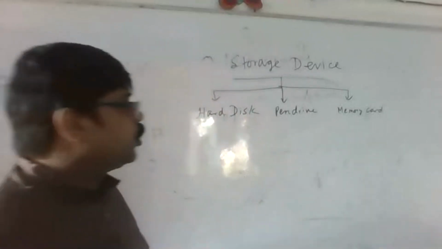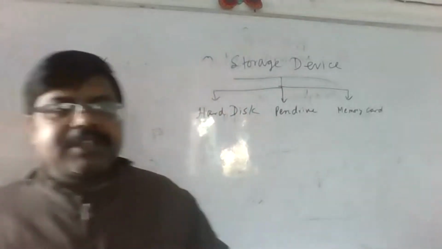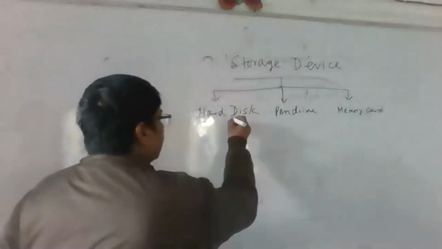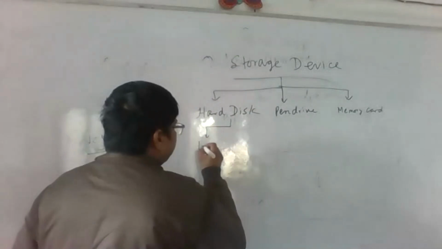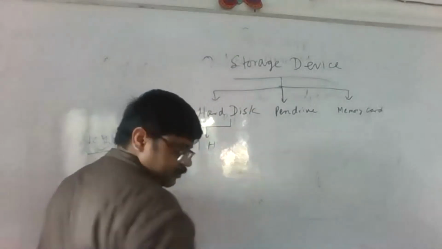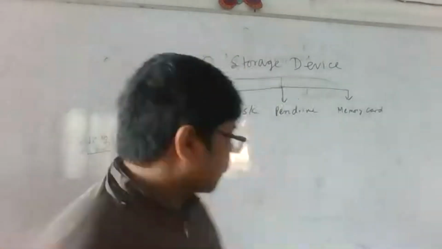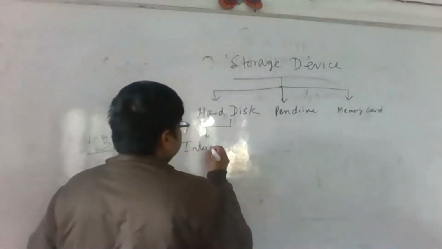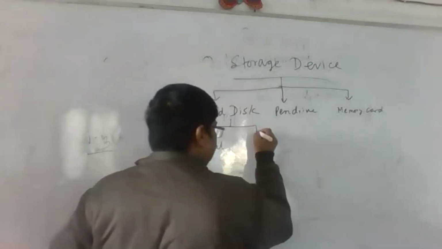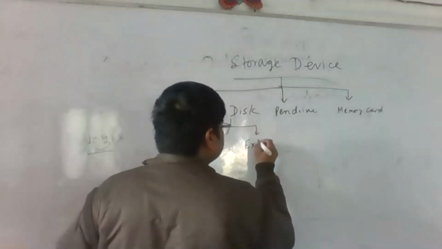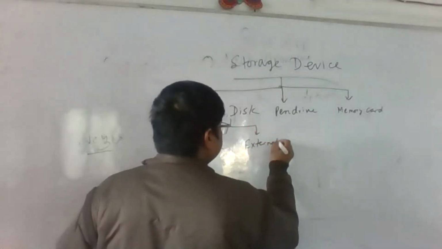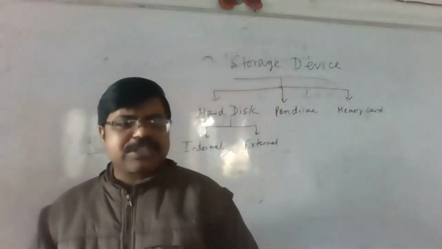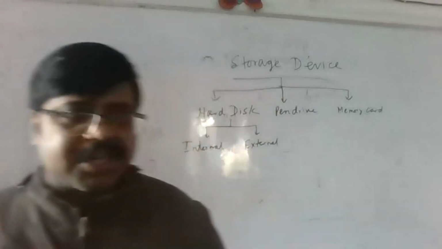When I'm talking about the hard disk, then there are two types of hard disk. One is the internal hard disk and another one is the external hard disk. Okay, you all have seen the external hard disk.